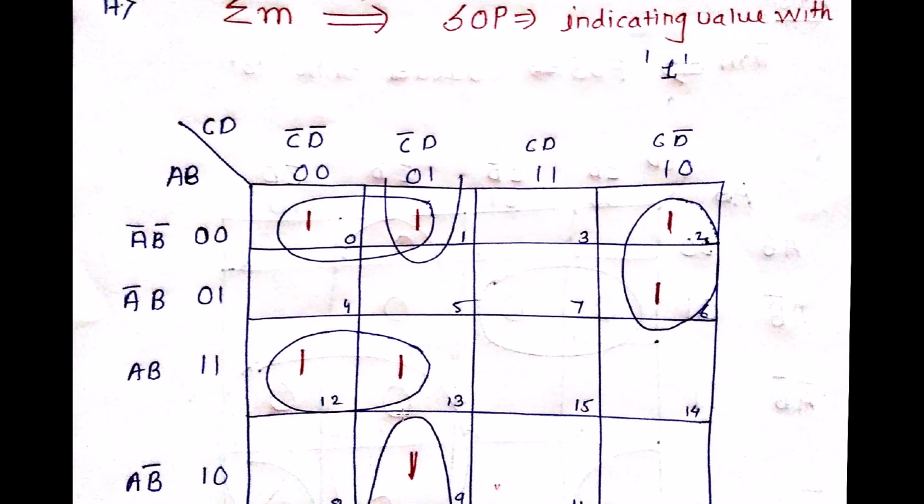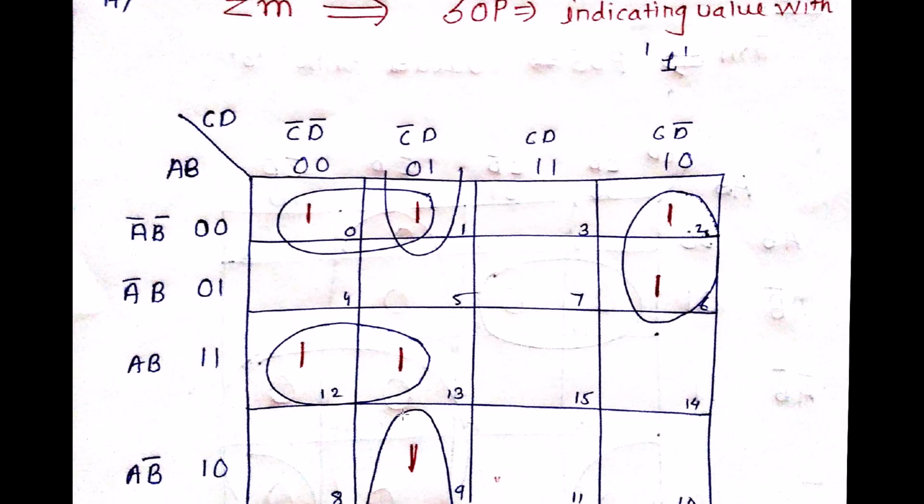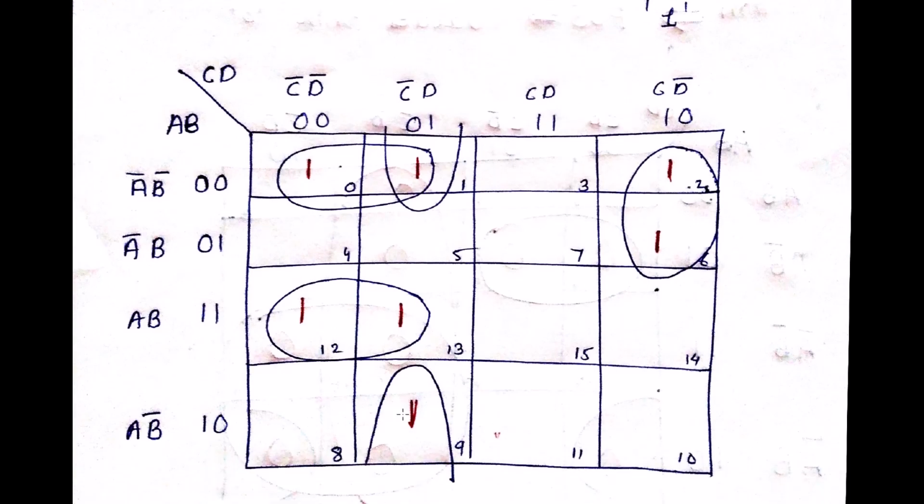I have shown you how to draw this table in the earlier video. So if you haven't watched it, please watch it. So what we are doing is that AB comes over here, CD comes over here. AB can be indicated with 00, 01, 11, 10, which is the ascending order of gray code. Again, CD can be given as 00, 01, 11, 10.